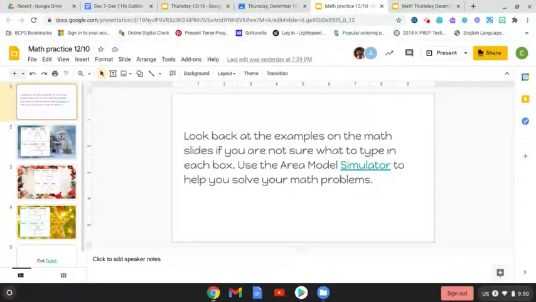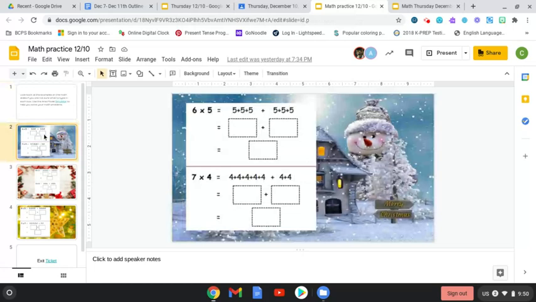So here it says, look back at the examples on the math slides if you're not sure what to type in each box. Use the area model simulator to help you solve your problems. So I'm going to show you what that means. So we're actually going to do this first one together.